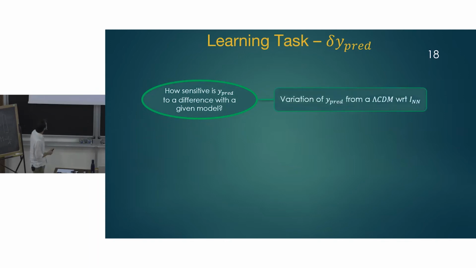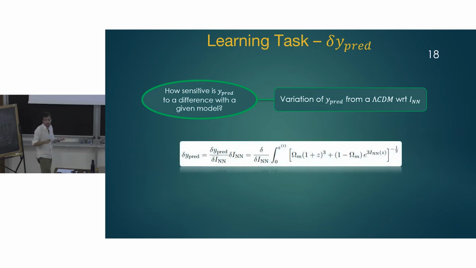We said, okay, let's try a variation of the prediction on the Hubble diagram, and connect it with the variation on the function. This was our goal, and we thought about the functional derivative. A prediction on the Hubble diagram is linked to a local prediction on the function space of the integral by this formula here.